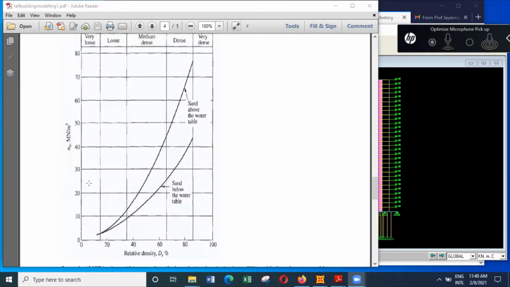So if you convert it to kilonewtons per meter cube, you will get about 22,000 here.